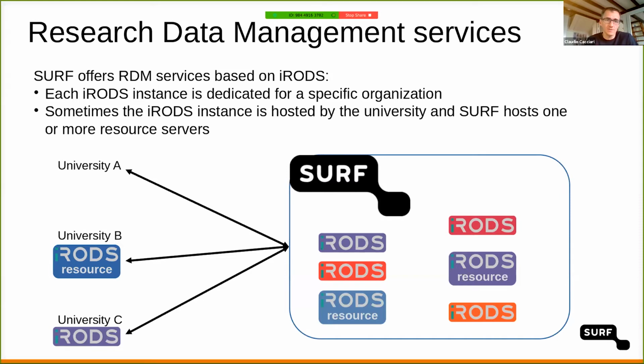Sometimes the university hosts some of the components, like the resource server, connected to an iCAT at SURF. Sometimes the opposite: the university hosts the iCAT server and at SURF we just expose our hardware resources through a resource server.